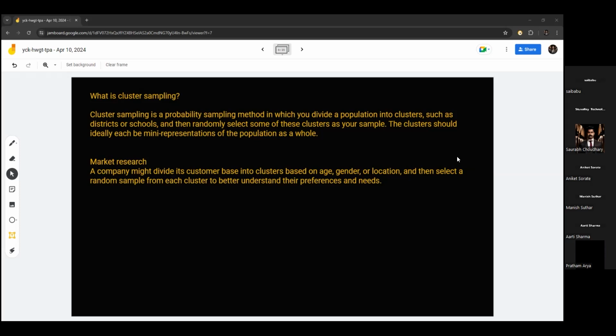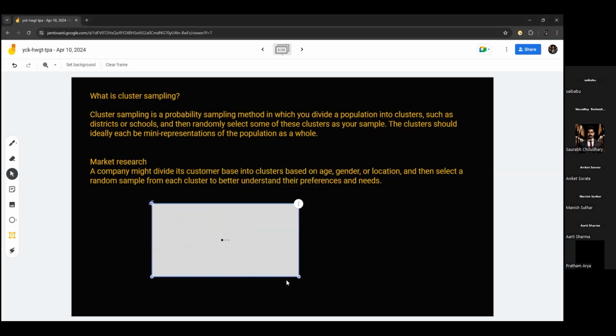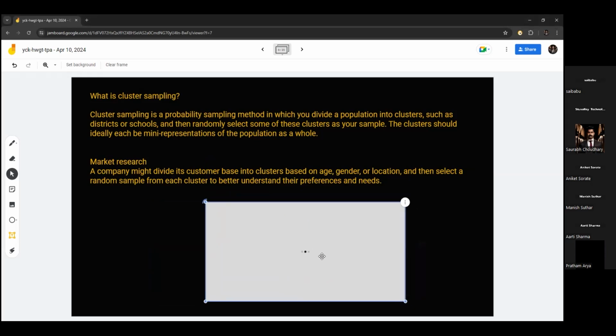I think this example will make difference. You can see over here, this one.